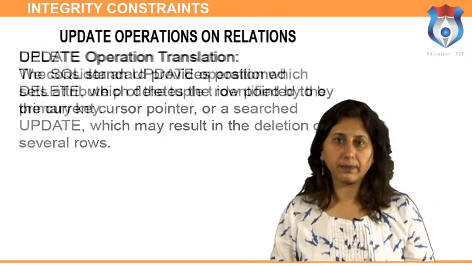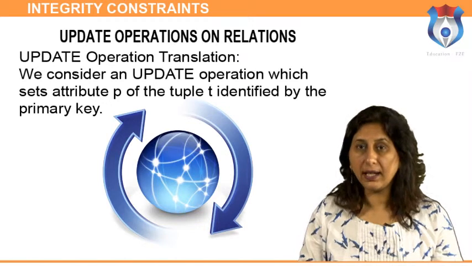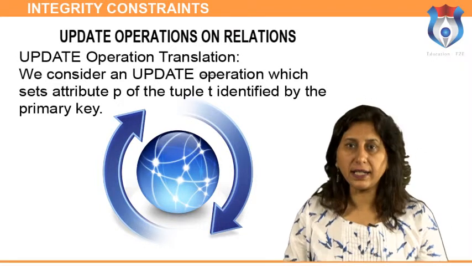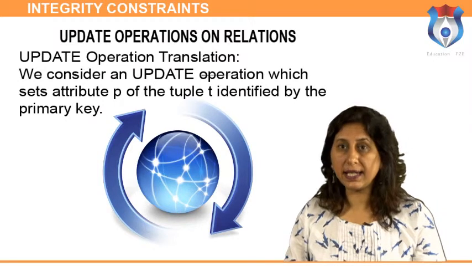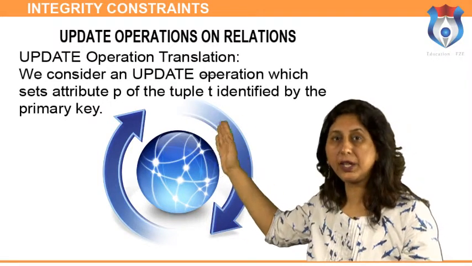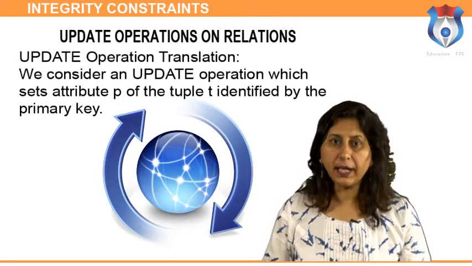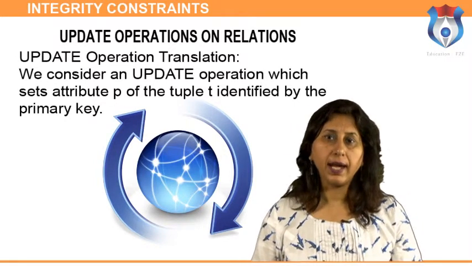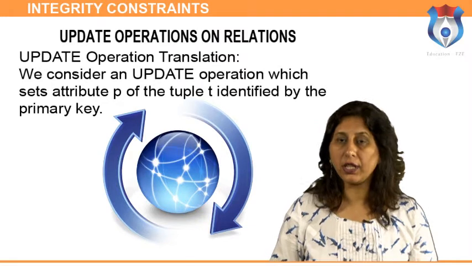We consider an update operation which sets attribute P of the tuple T identified by the primary key value as the new value VAL: update R set P = VAL where k = A, where R = K ∪ F ∪ A. If P ∈ A, then setting P to a new value won't violate primary key and foreign key constraints, and on the OO side involves only locating and setting the piece of data to the new value.